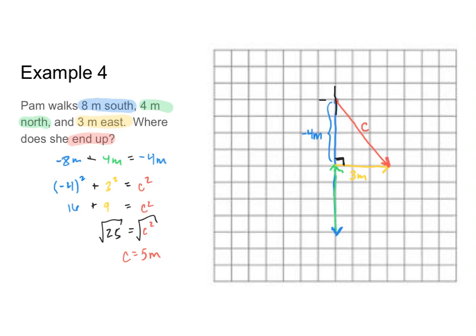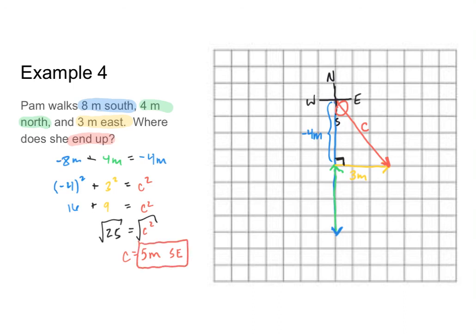So let's go ahead and draw in our compass. And again, we have our 4 sides, and north, south, east, west, never eat soggy waffles. And so you can see that our arrow is in that southeast quadrant. So Pam ends up 5 meters southeast of where she started.